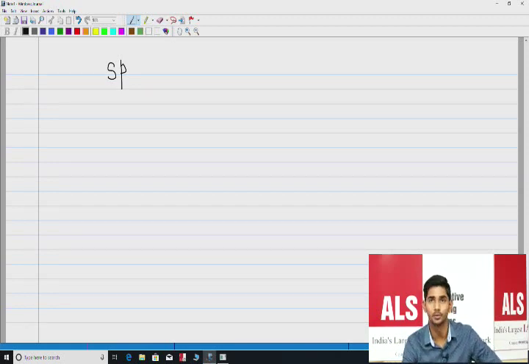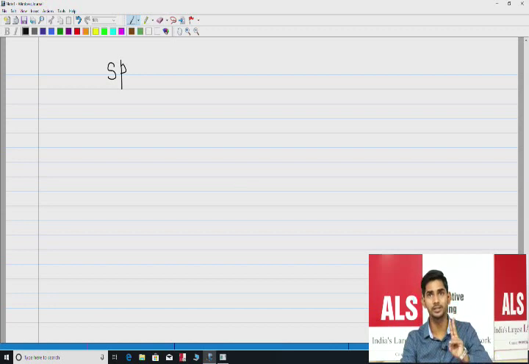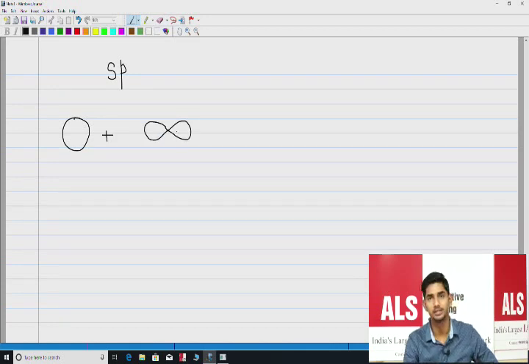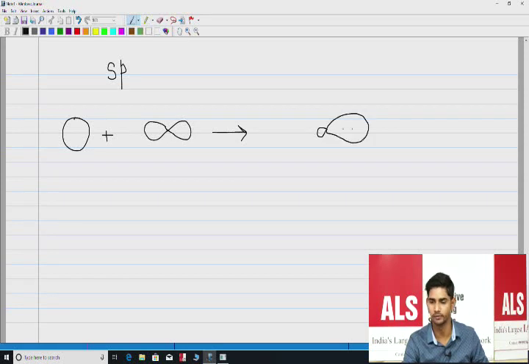Now, you have two orbitals, s and p. Before the question, just look at this. This is your s orbital and these are your p orbitals. We have learned that if two orbitals are participating, then after intermixing they will form two hybridized orbitals. So we will get 2 such orbitals.